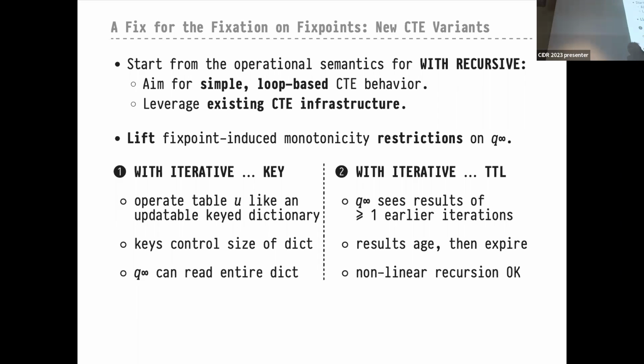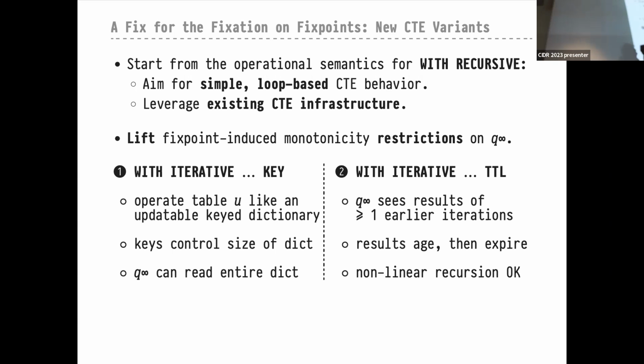One in which the intermediate results that your Q loop query emits are kept in a key dictionary that your Q loop query can access, so it can see the history of computation. But it's not a dump of stuff that we add to; it's a key dictionary in which we can selectively update the results that we've produced before. So we have the opportunity to update what we've computed before.